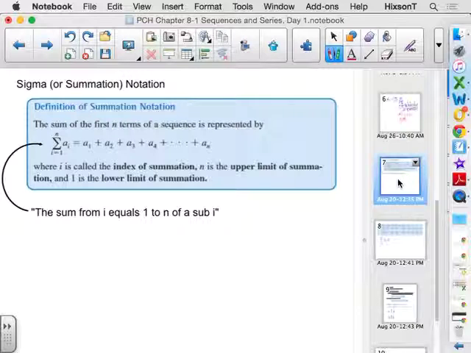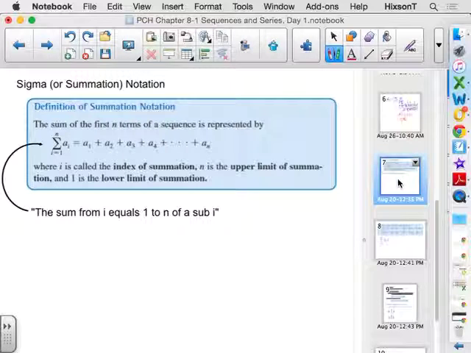Now, we use this notation quite a bit because this is kind of the bridge between just dealing with sequences, which are a list of numbers, to dealing with series. A series, as we'll see in a moment, is the sum of a list of numbers. Okay? So here's where the sum comes into play.